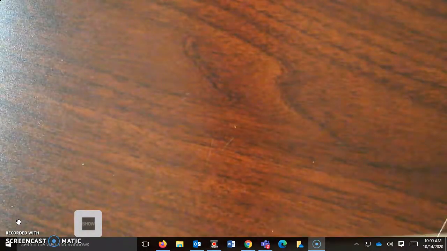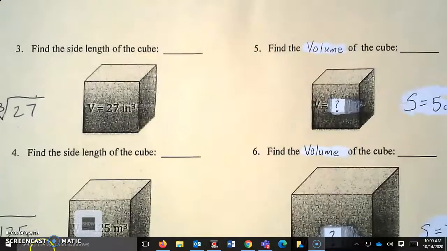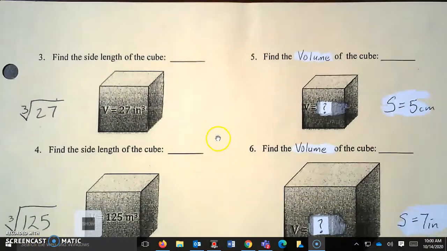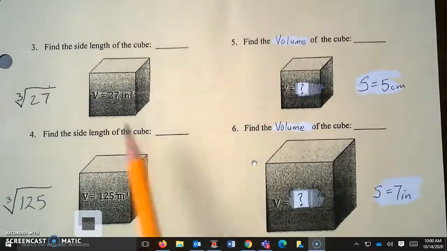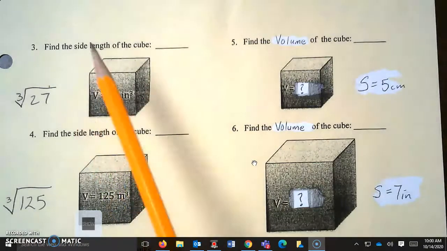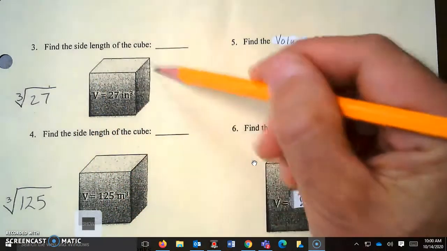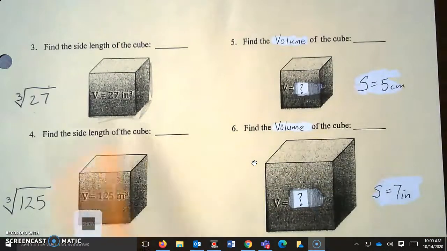Okay, so moving on to today's assignment. First, we'll do some together, and then I will just post the assignment. So, as I said, you're going to have cubes now. And if you're given the volume, so it's not area anymore, and we want to know, well, how long is the side? Find the length of the cube. Like, what's this length right there? Or right here, or right there, they're all the same.